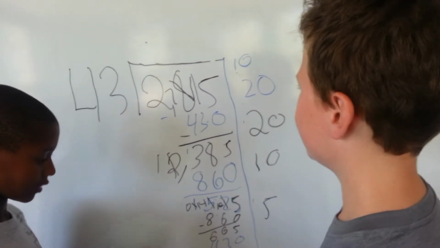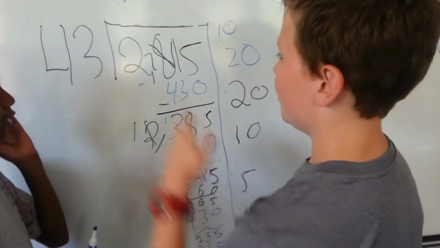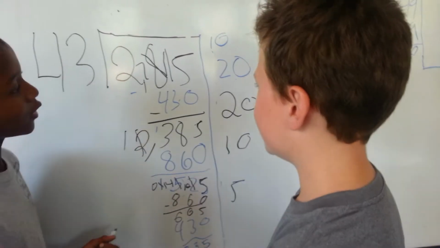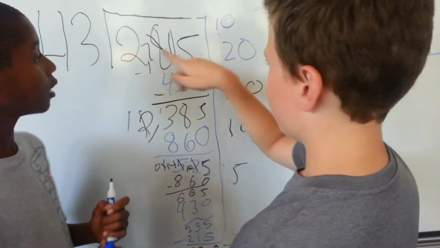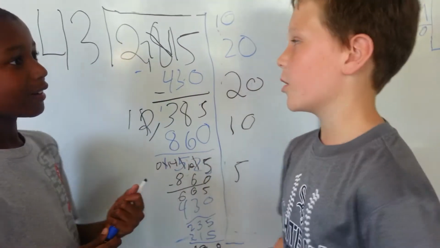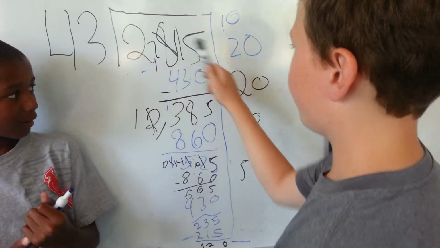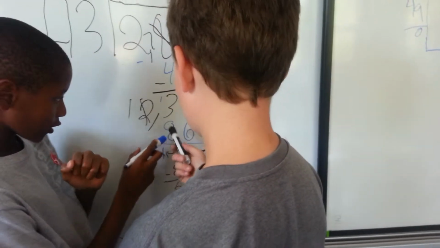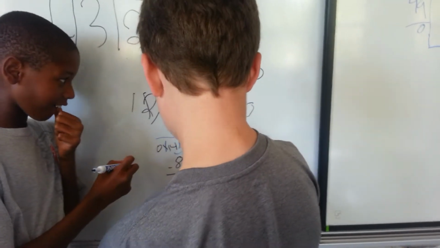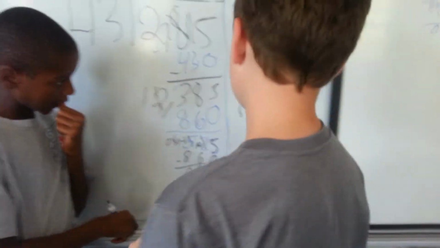So then 43 and the 281, we couldn't figure that out in our heads, so we did 43 times 10, which gave us 430. Then we minus that from 815. And then we got an answer of 2,385.